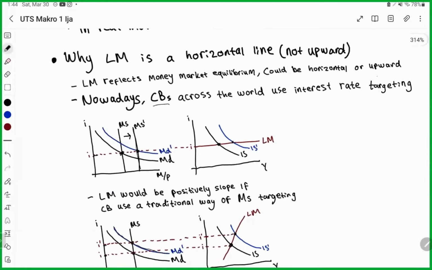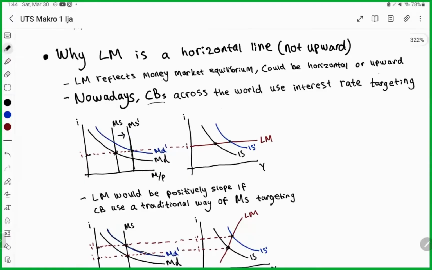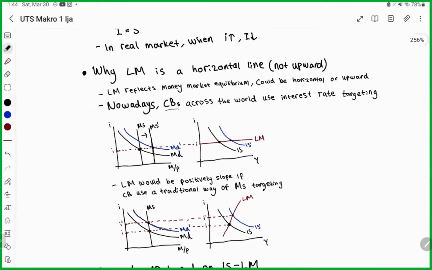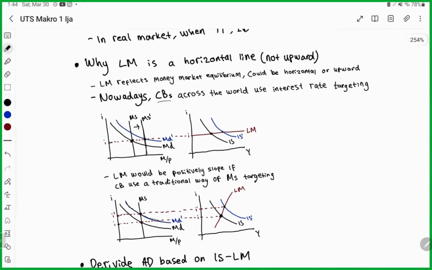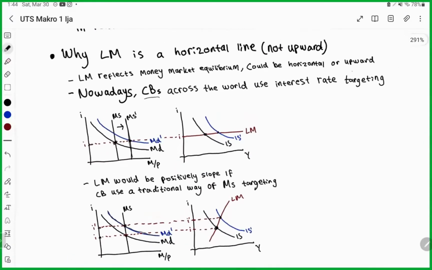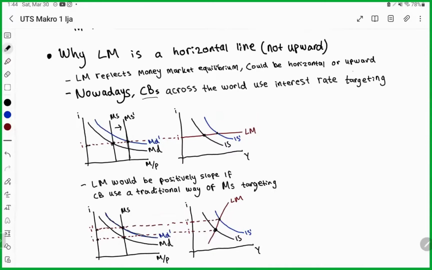Okay, that's the first one. And then the second one is why LM is a horizontal line instead of upward sloping. Before we address this problem, you have to know what the LM curve is. The LM curve is a curve that reflects money market equilibrium, and it could be horizontal or upward sloping. So both shapes, whether horizontal or upward sloping, are very possible.